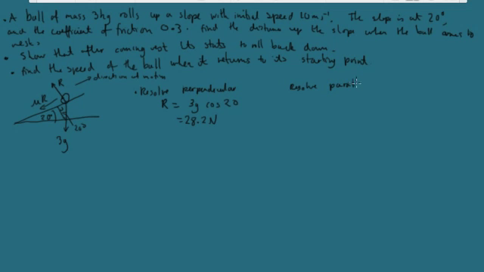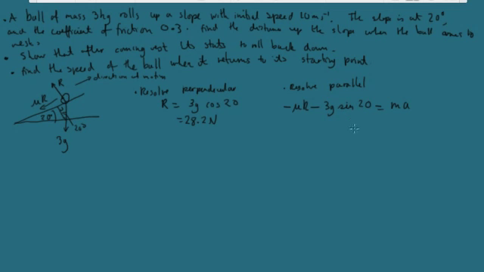So then resolve parallel. So we've got minus mu R, because it's down, and this is our direction of motion, and the component of gravity must be also negative because it's acting down the slope, minus 3g sine 20, and that must be equal to ma.